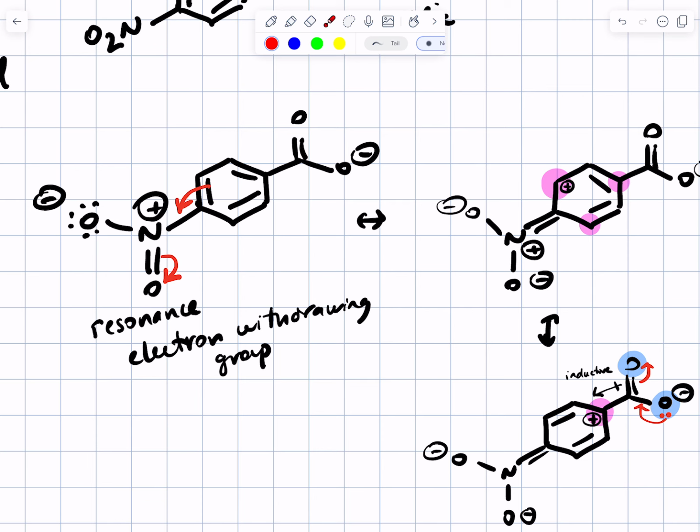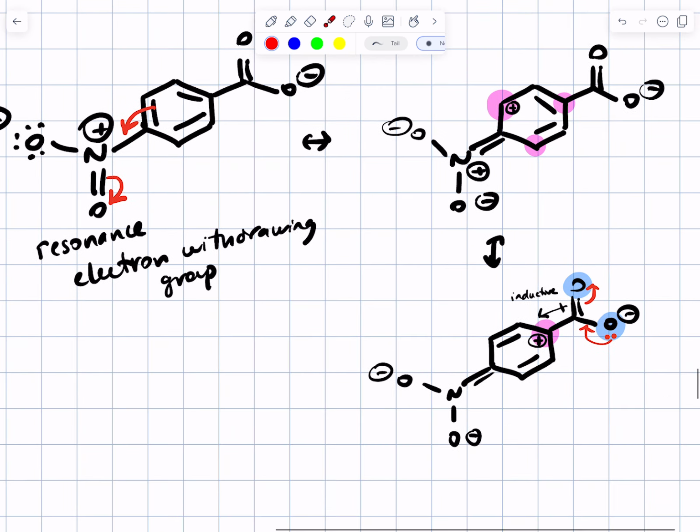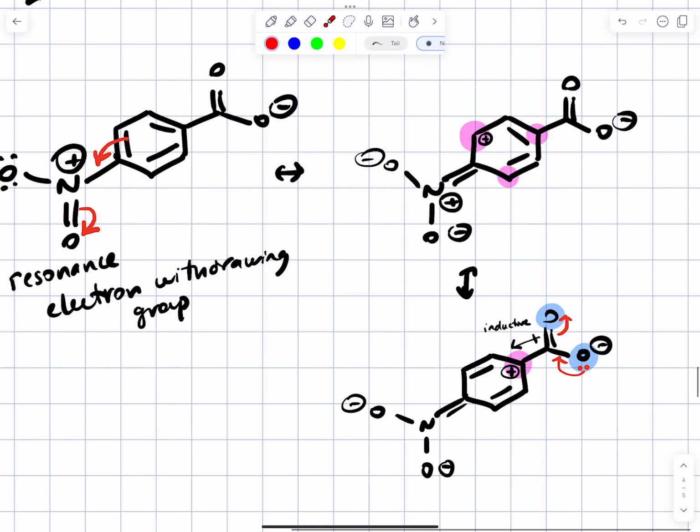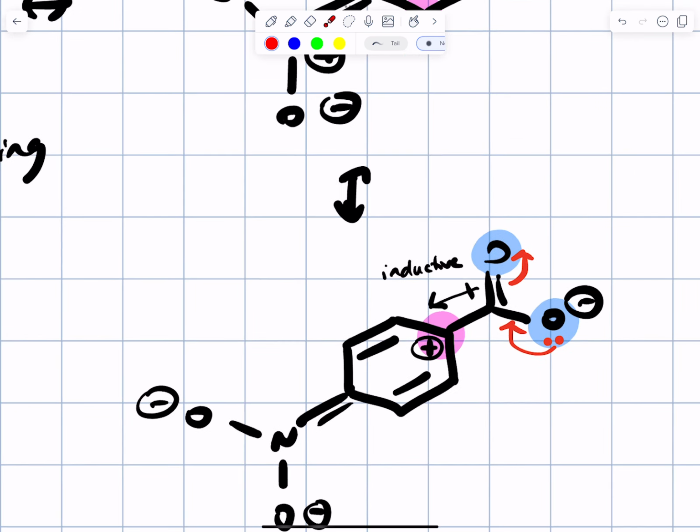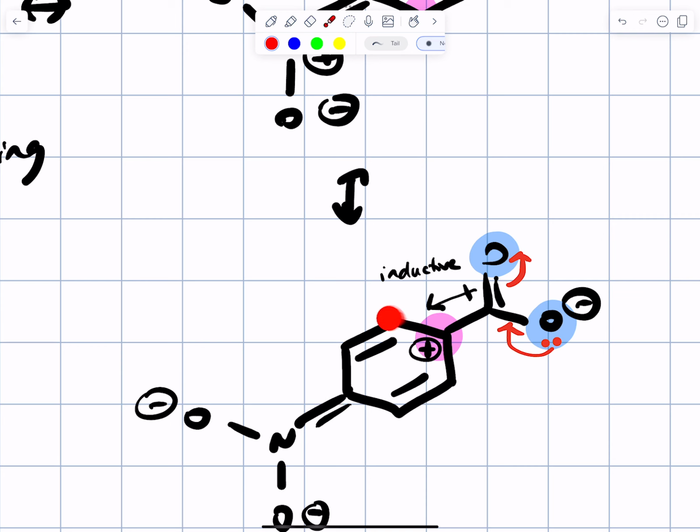It puts a positive charge in the benzene ring, including on the carbon that's adjacent to the carboxylic acid. And then the electron poor benzene ring pulls electron density away from the carboxylic acid via an inductive effect. So this is a combination of two things. You need resonance to make the benzene ring electron poor, and then you need the inductive effect to suck electron density away from the carboxylic acid.